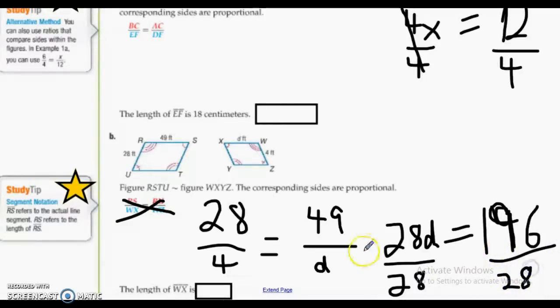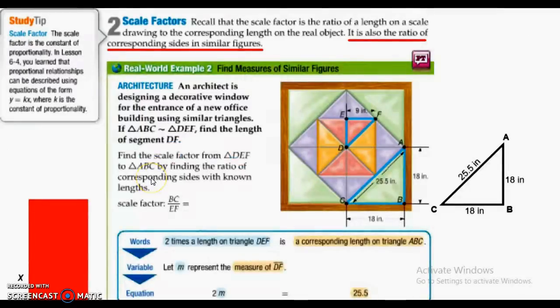And I'm just guessing that it will be 7. So this side is 7 feet, which means 28 divided by 4 is the same as 49 divided by 7, which is true.